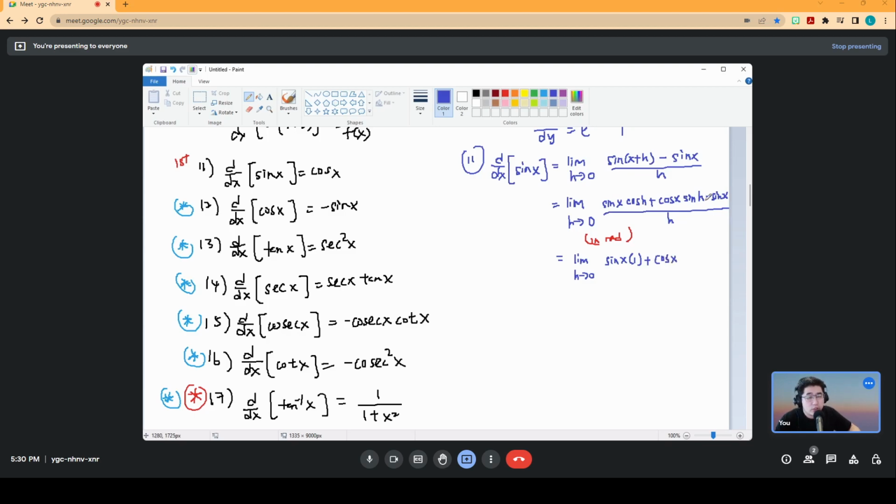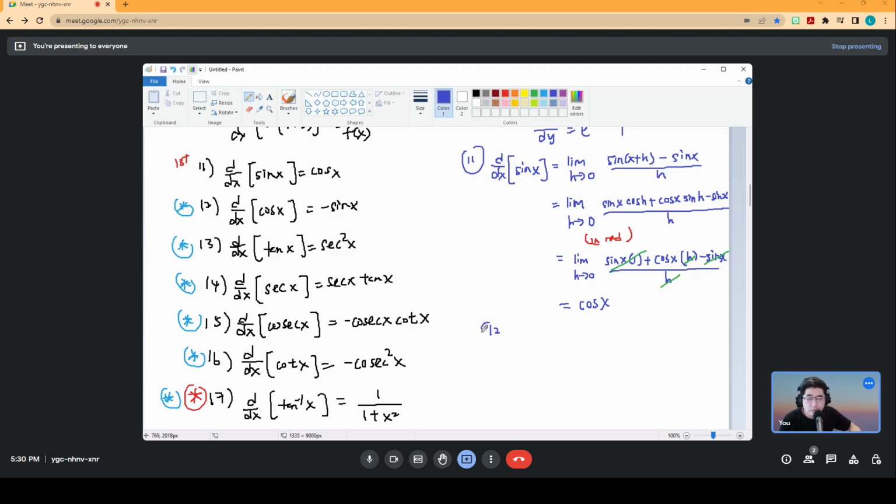The sine h here, if you press it into the calculator in radian mode, will just equal h, itself, then minus sine x over h. You will see that the sine x and the sine x here get cancelled off, the h and the h here get cancelled off. You're only left with cos x. Therefore, from number 11, the derivative of sine goes to cos.